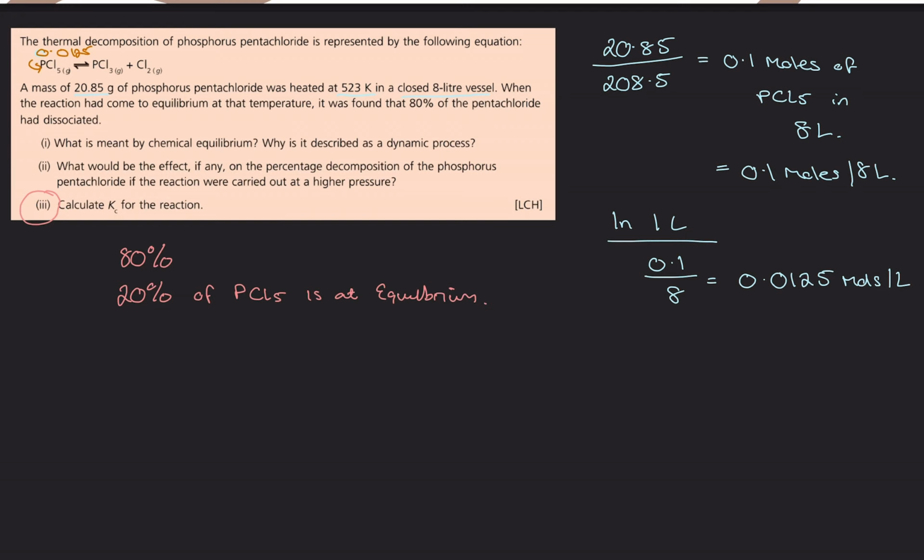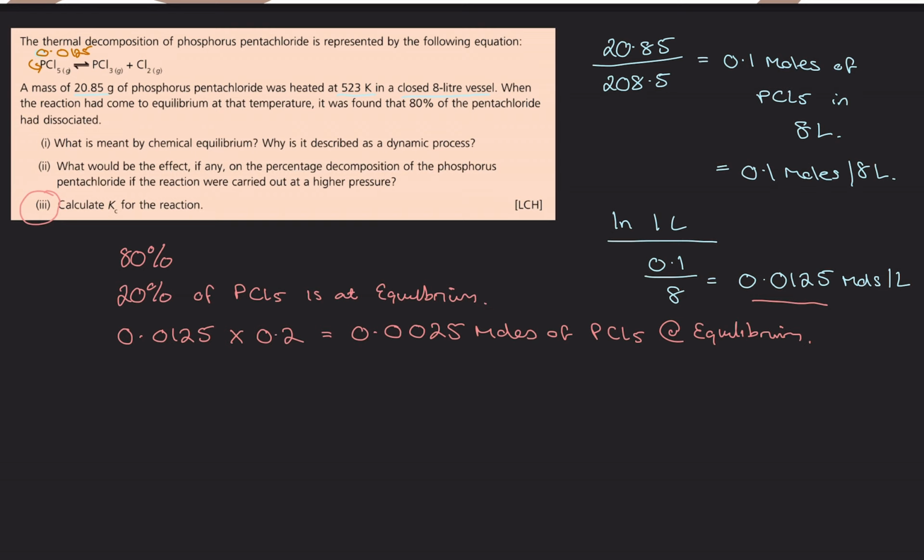So if I get 20% of the amount of moles that were originally there, I'll find out how much phosphorus pentachloride was there at equilibrium. So let's take 0.0125, the original amount, get 20% of it, and that will give us an answer of 0.0025 moles of our phosphorus pentachloride at equilibrium.